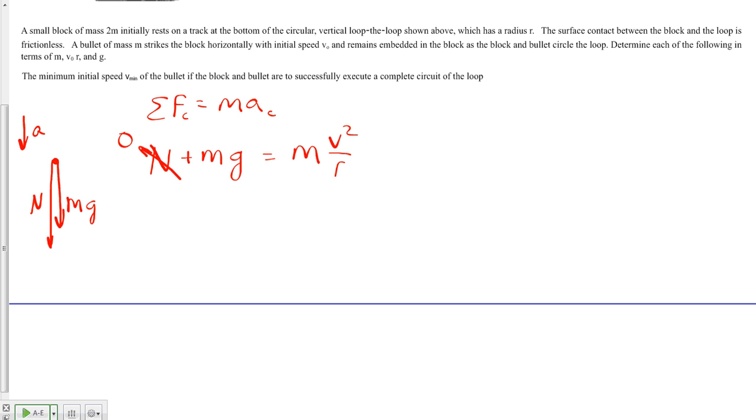That'll give us the minimum speed in order to get all the way around. I always forget my 3's. Fortunately, that makes no difference. v equals the square root of g r. Oh, it's clean. Oh, it's a wild ride.